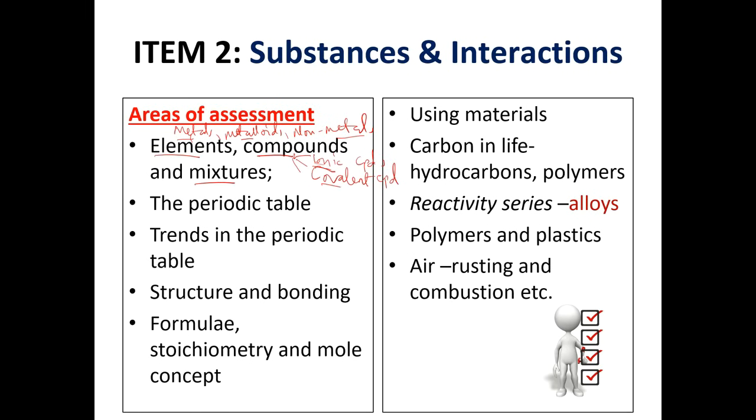Under mixtures, if you recall very well, we had kinds of mixtures where we have the heterogeneous and homogeneous. I'm not going to be writing everything, but I'm just hinting on such. So on mixtures, don't read mixtures and you stop there. Understand the categories of mixtures. We have heterogeneous and homogeneous.